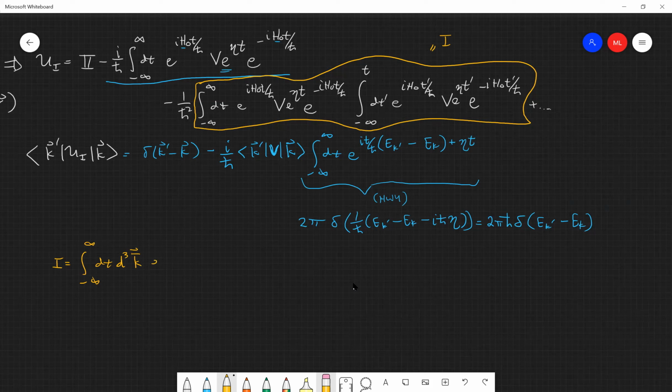But anyway, all of the exponential factors are of course eigenstates of momentum. So they all come in, and let's put omegas instead, to cancel out that h bar. So you get omega k prime minus omega k bar times t plus eta t.